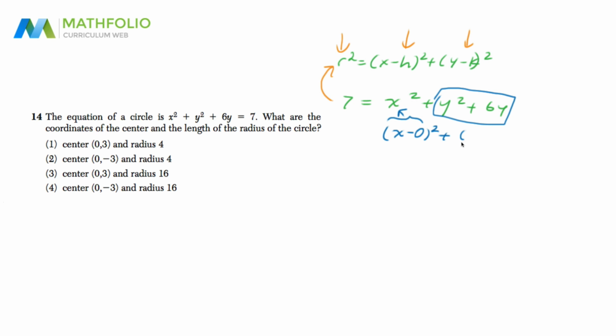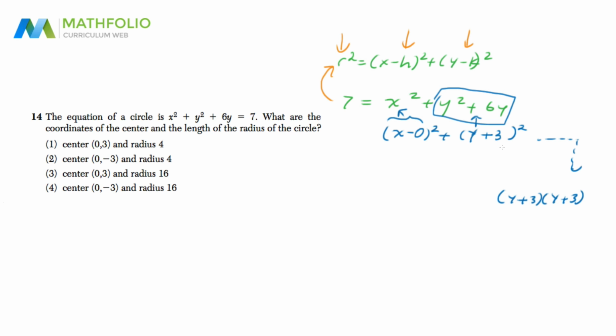But now we need to get this thing from a binomial in these parentheses, binomial meaning 2 terms in there. So we've got to think, well, what could this be? Well, if we do y plus 3 and then square it, let's see why I did plus 3, because over here, let's just FOIL this out. So y plus 3 times y plus 3, that's really what I've got in these parentheses over here.